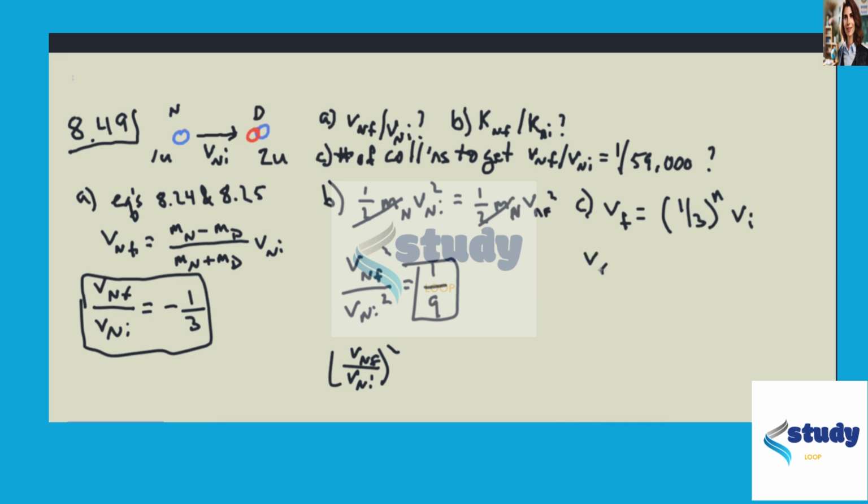And so we want v final divided by v initial to equal this 1/59,000. Again, this is 1/3 to the n. And so just rearranging this, we see that 3 to the n equals 59,000. So we want to figure out what exponent n we need here to get 3 to the n equal to 59,000.